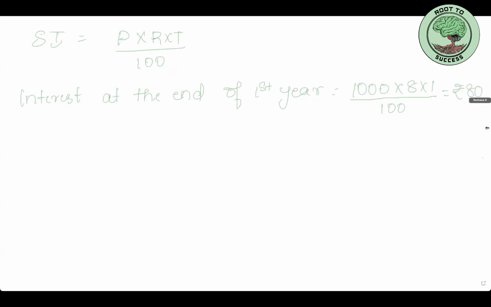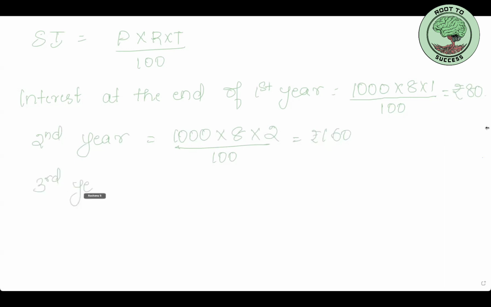Let's calculate this simple interest for the next 2 years. Interest for the second year will be 1000 into 8 into 2 divided by 100. It will be 160.